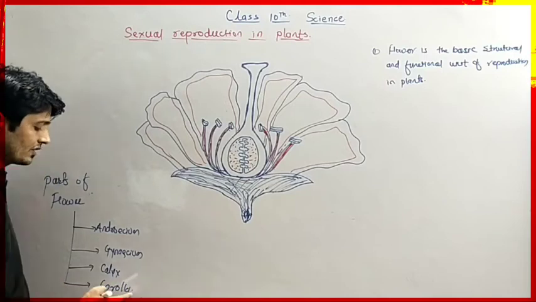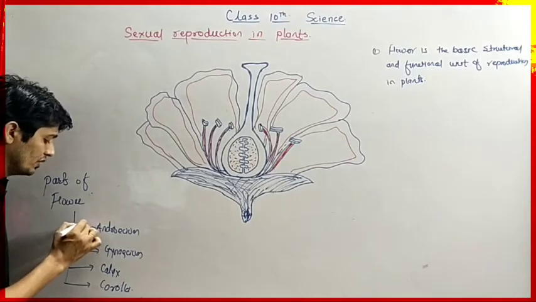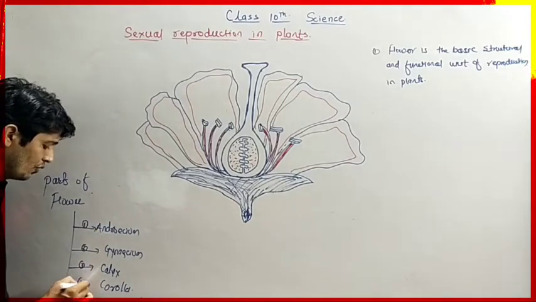So calyx, corolla, androecium and gynoecium are the four main parts of the flower.